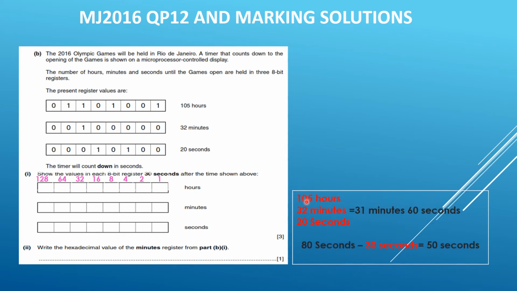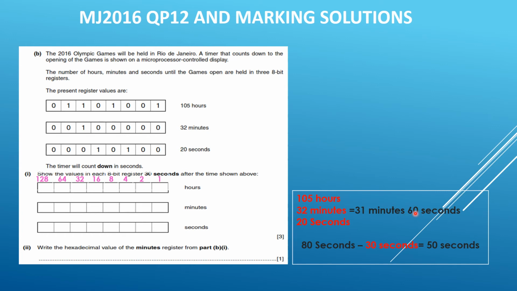We were given 105 hours, 32 minutes and 20 seconds. We need to count down 30 seconds. So to subtract 30 from 20 doesn't make sense. If we write the minutes in this way, 32 minutes is equivalent to 31 minutes 60 seconds.